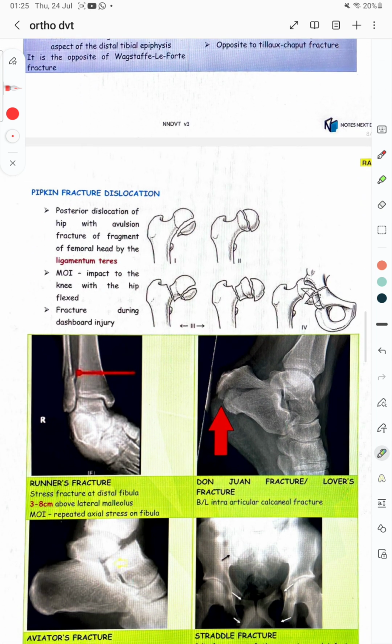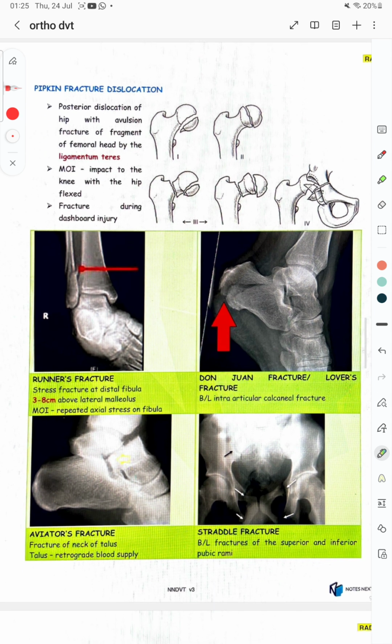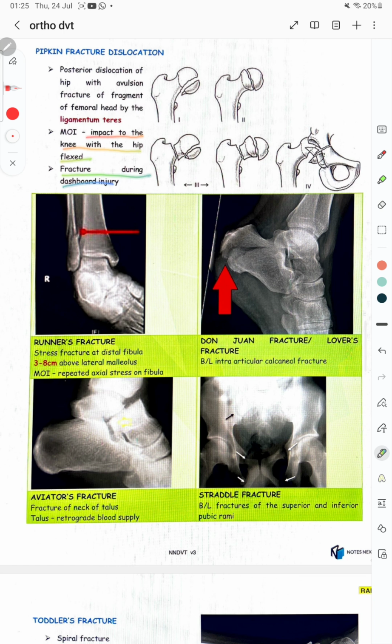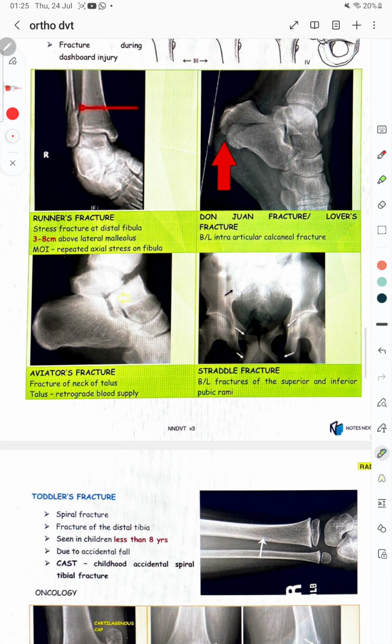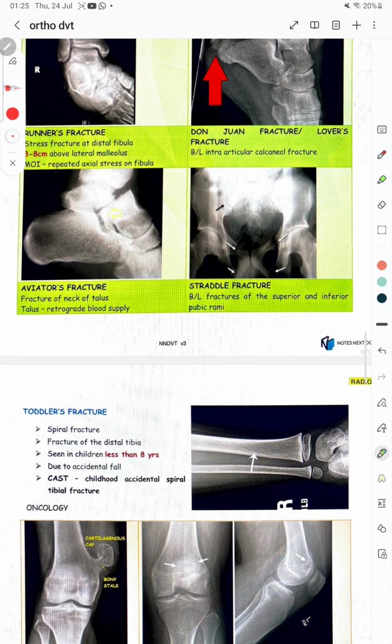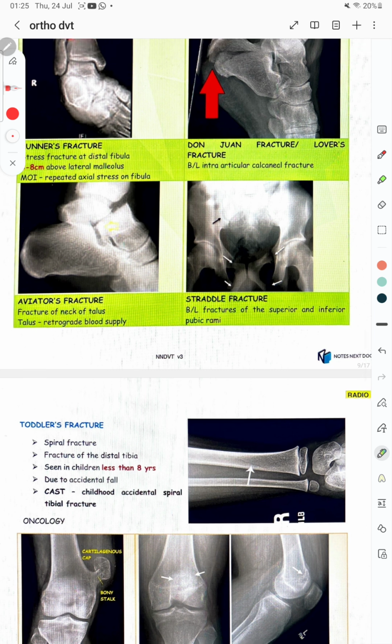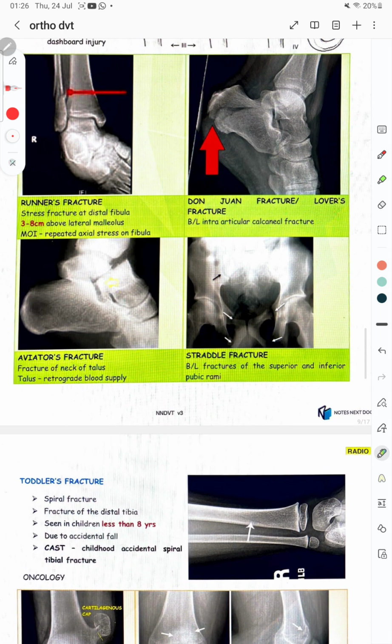Pipkin fracture dislocation, posterior dislocation of the hip with avulsion fracture of a fragment of the femoral head by the ligamentum teres. Mode of injury is impact to the knee with the hip flexed. Fracture is during dashboard injury. Then we have runner's fracture, stress fracture at the distal fibula 3 to 8 centimeters above the lateral malleolus.